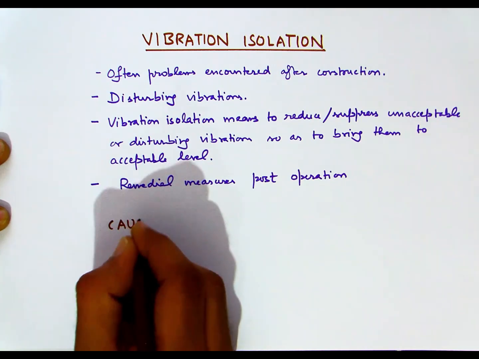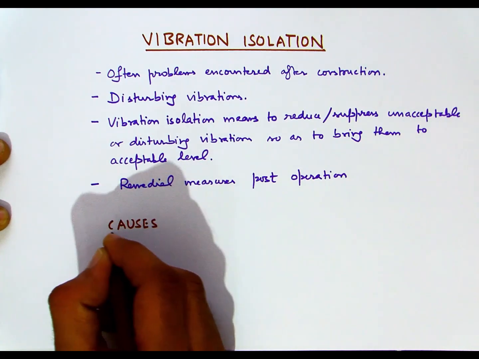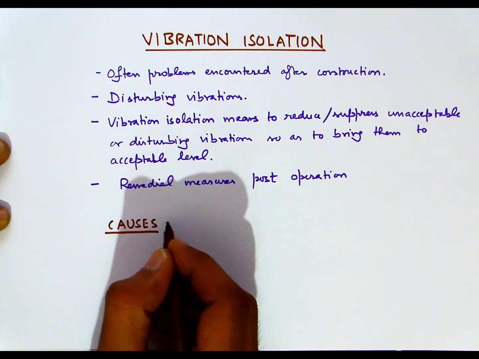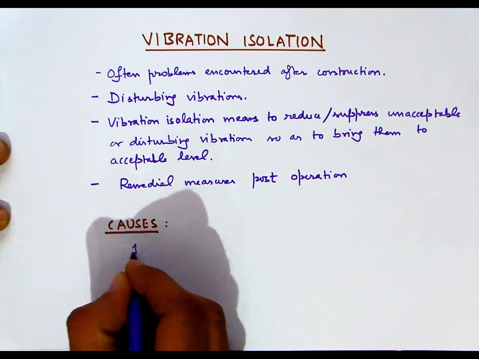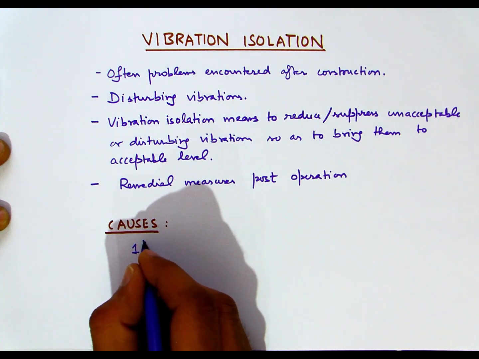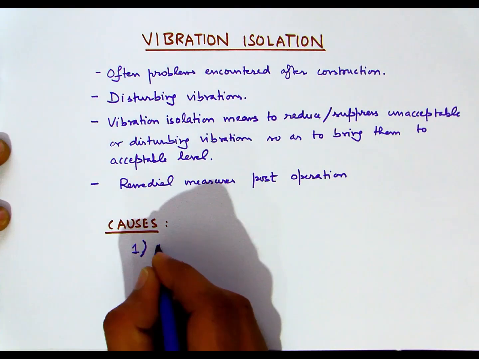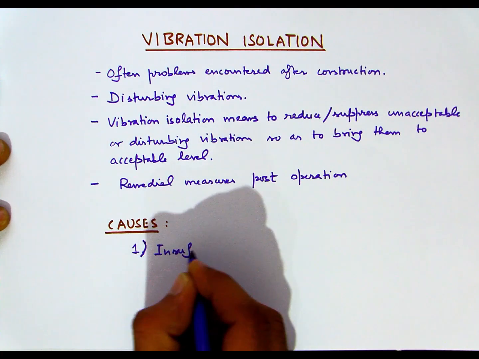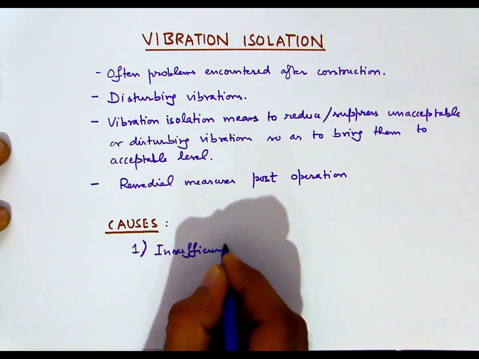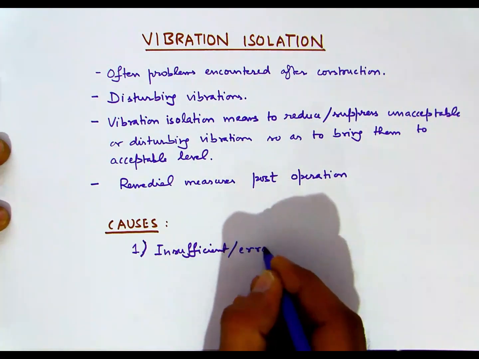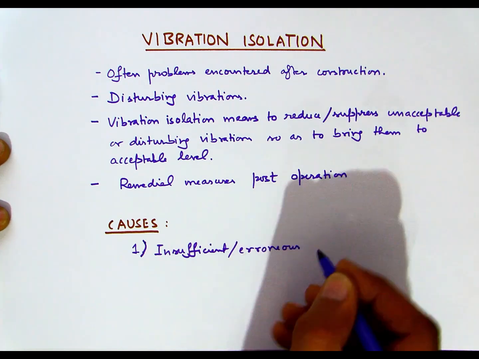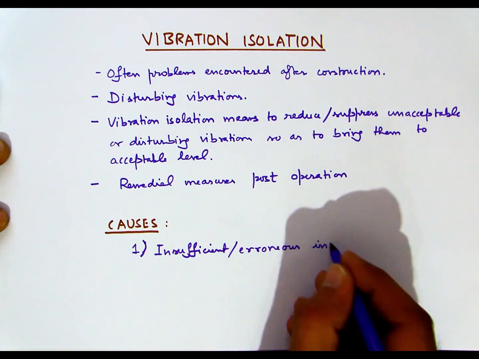Now let's say, what are the causes when everything has been done as per the design? There could be multiple causes. Number one, there could be insufficient or erroneous design data, either inputs from the manufacturer or the geotechnical parameters.